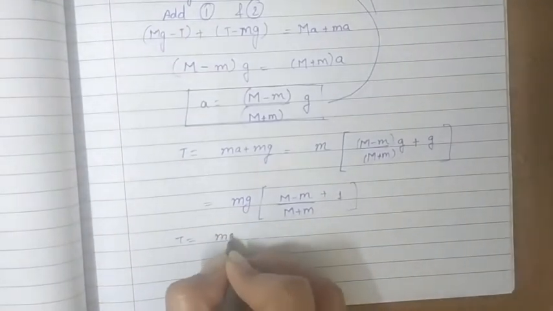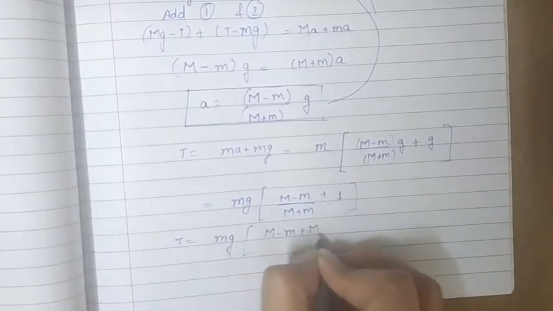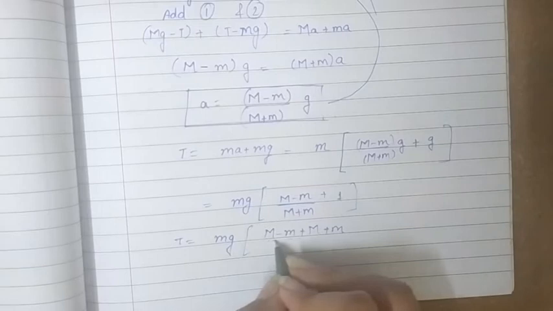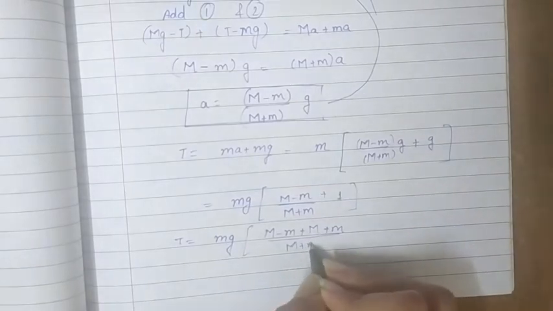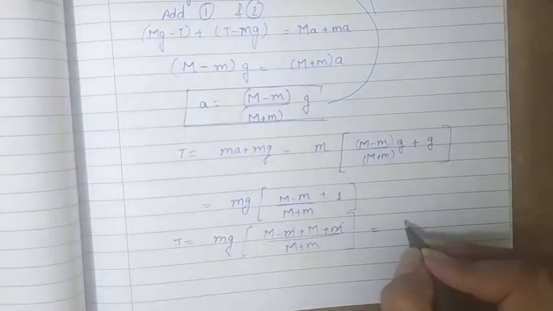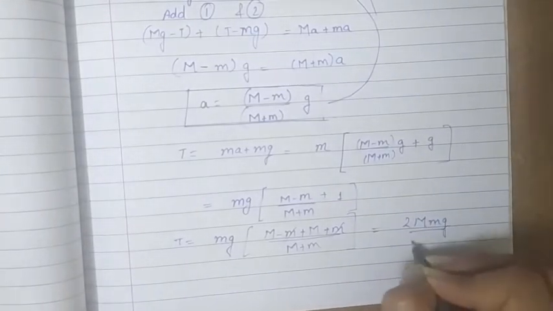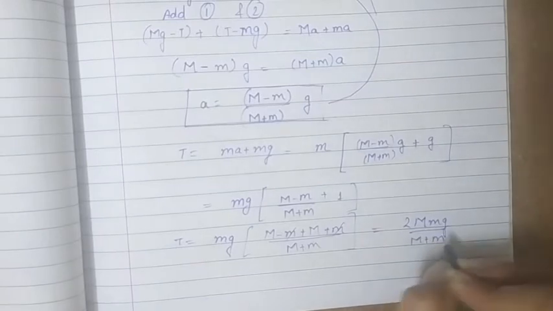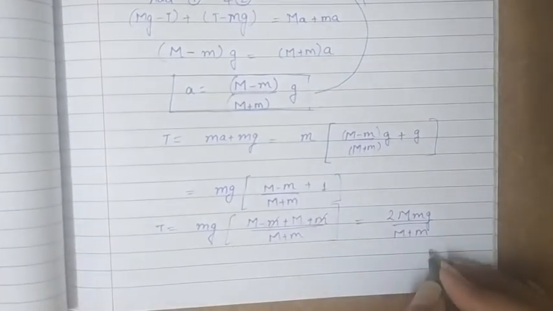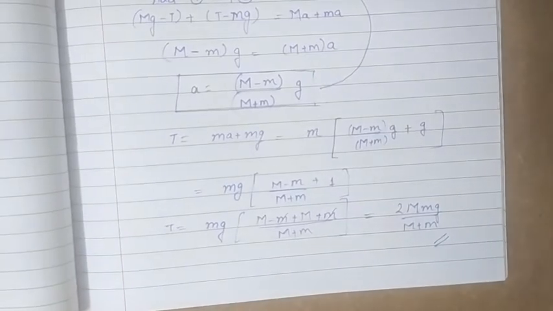T is equal to mg times (M minus m plus M plus m) upon (M plus m). These m will cancel out and we get twice of capital M, mg upon M plus small m. So this is the answer for the tension that is produced in the string because of the connected bodies.